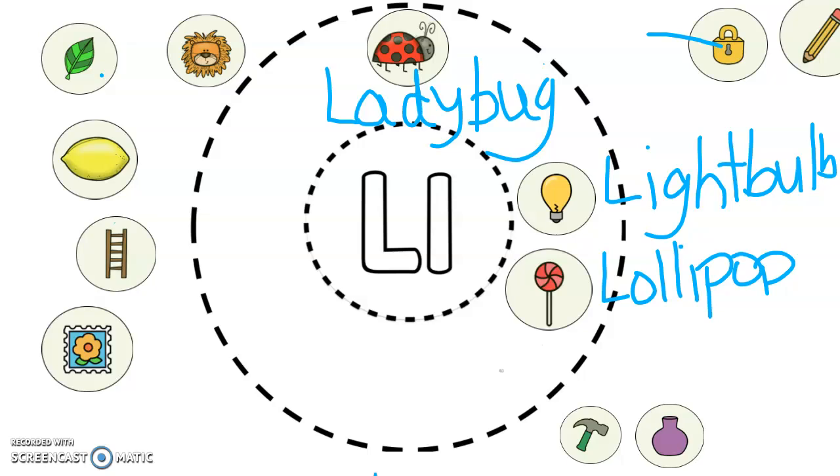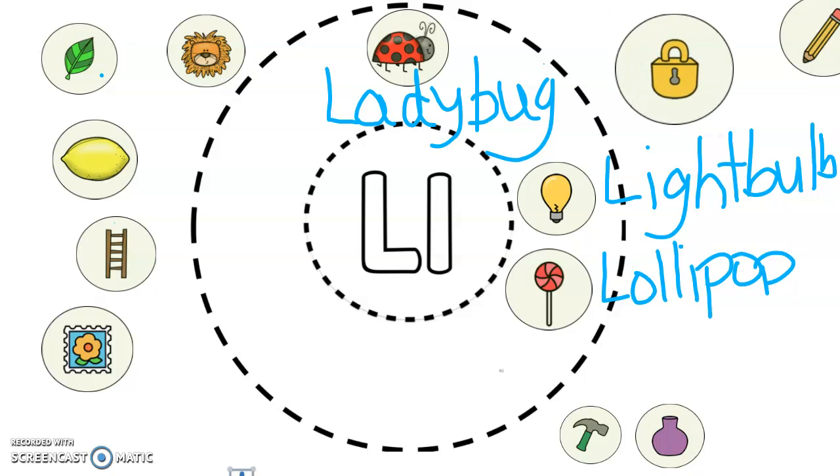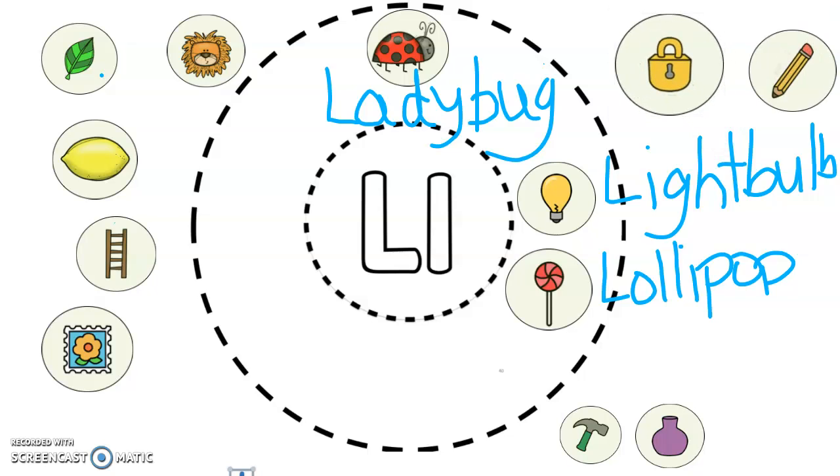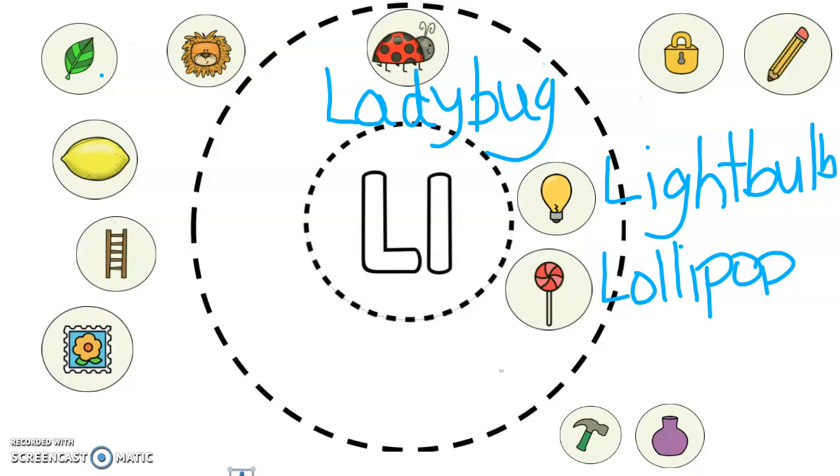My next picture, I forgot to get my hand tool to grab it, is lock. Lock, like a lock on a safe or a diary or a door or a locker. We're listening for the first sound, ooh. What sound? Ooh, and the word is lock. Should I put it on my circle chart? Yes or no? What do you think?